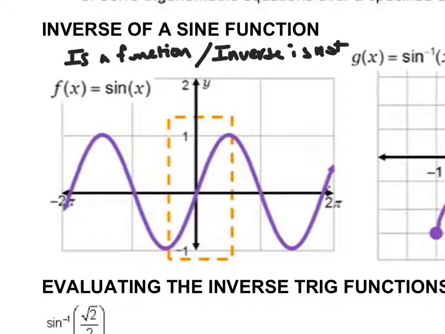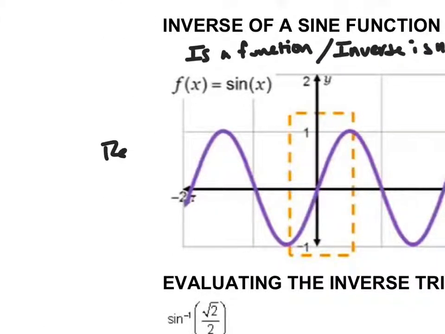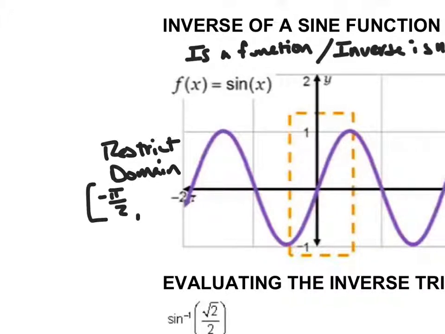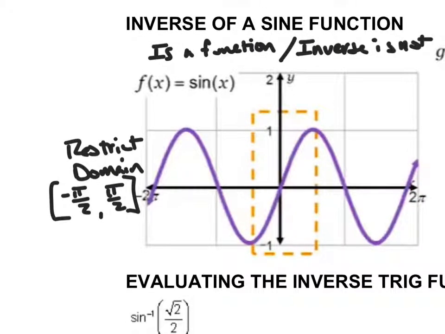So here's the thing. If I restrict the domain of our sine function from negative pi over 2 to pi over 2, okay, and simply look at this window here, and let me highlight this part here in red, so this part of the graph, if I restrict my domain to just that part of the graph, then the inverse is also a function.